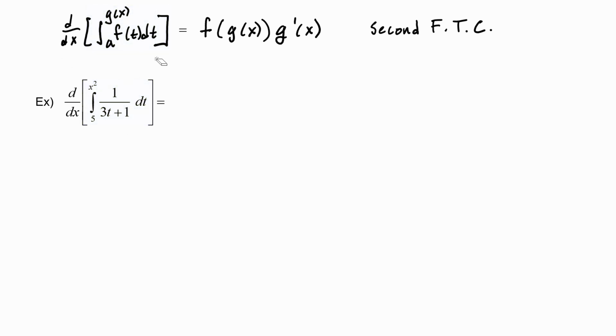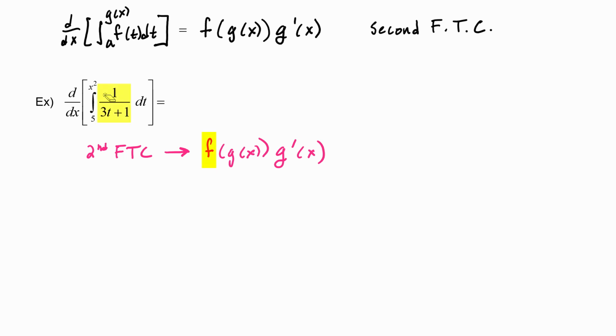Because we have this exact setup, that means we get to use the conclusion. So by the second fundamental theorem of calculus, we can get f of g of x, g prime of x. This is the rule that we are going to apply to our derivative of an integral.